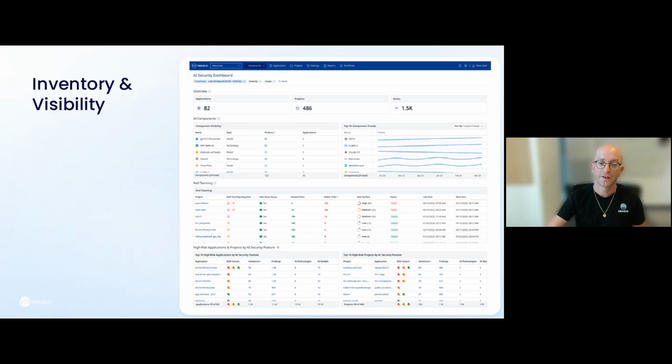And then for them, you can identify whether or not the red teaming was set up, what was the result, what was the overall result of the test, when it was last run, next run, and so on. And then you can have per application all the different factors.